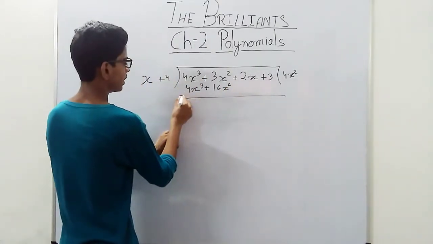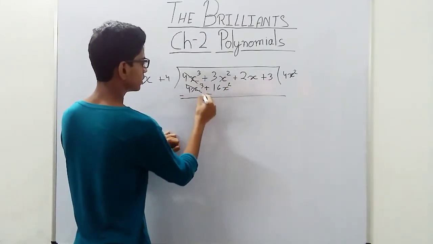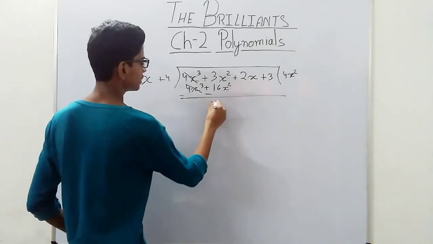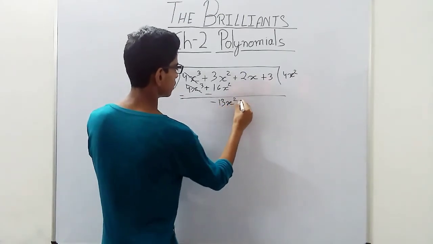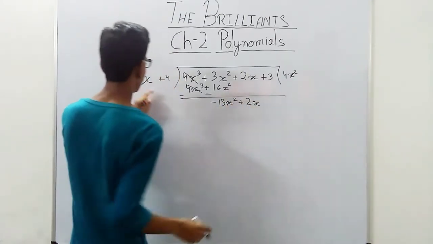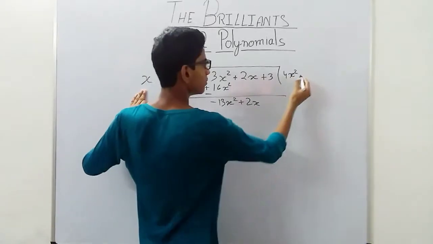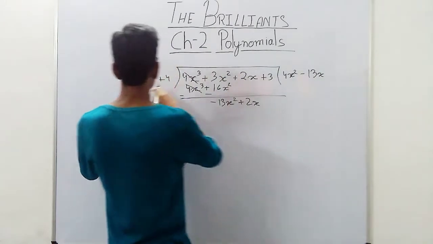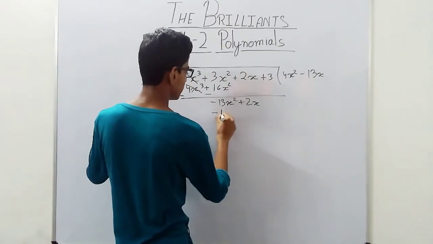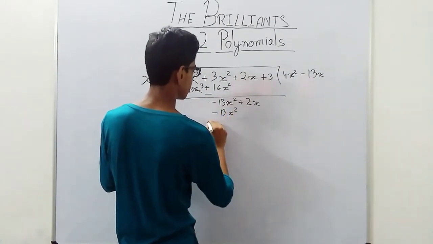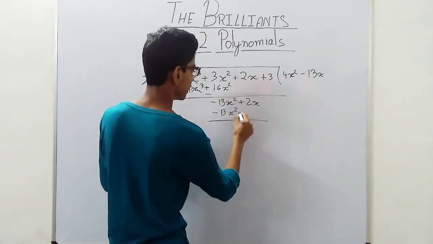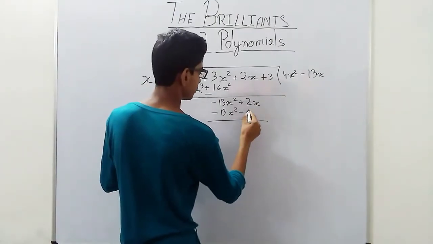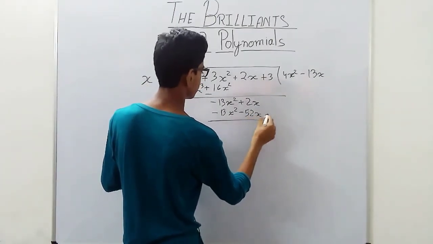Now change the signs, this will cancel. Now 3x square minus 16x square will be minus 13x square, plus 2x. Again we take minus 13x. Minus 13x multiplied by x is minus 13x square, and minus 13 times 4 is 52x.